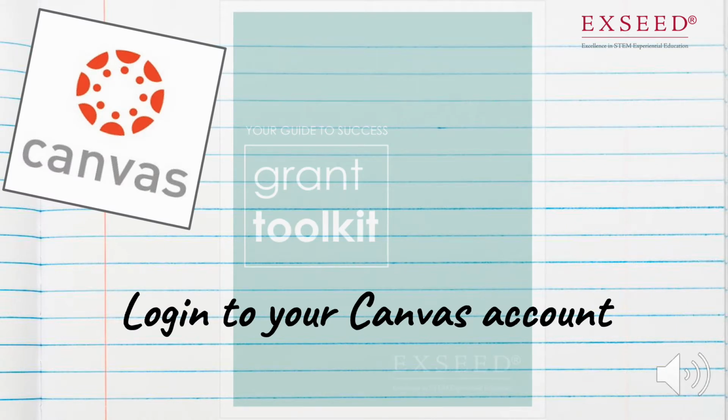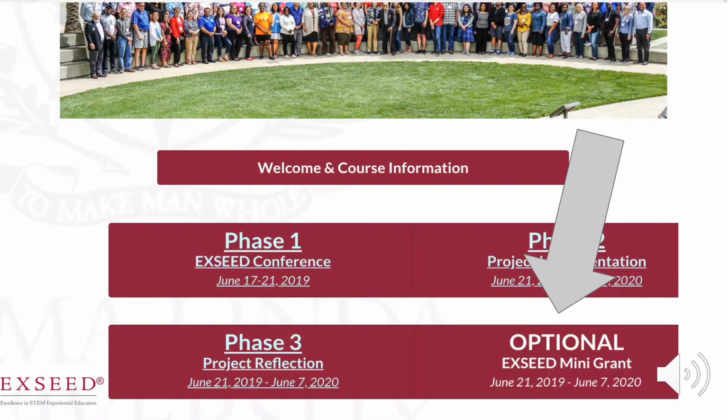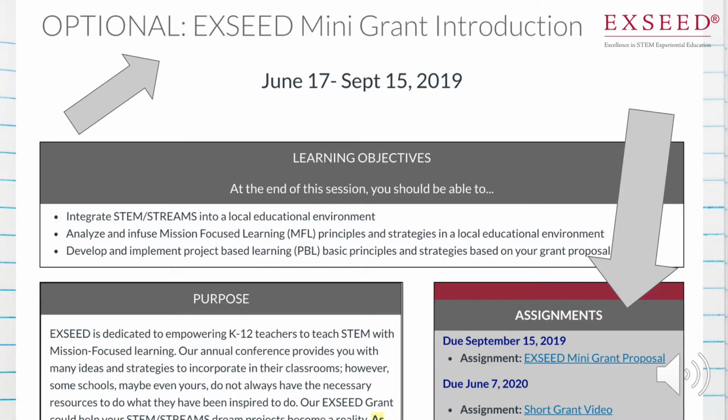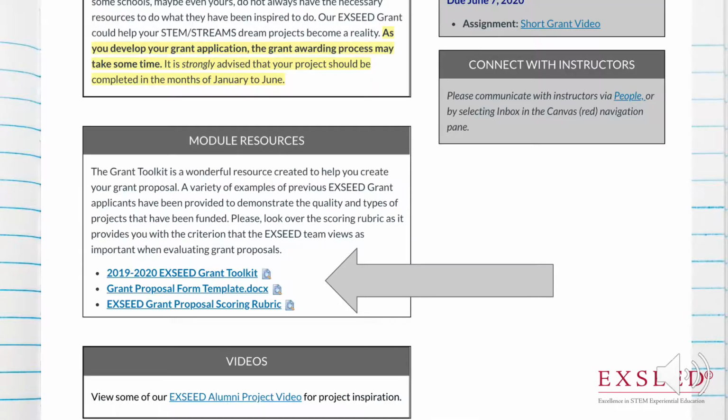Make sure that you go to where it says EXSEED Mini Grant, and then you can also go to the assignments, and that's where you'll find in-depth information about it, the learning objectives, purpose, and of course the template. Your grant proposal can be the actual EXSEED project that you're working on, or it can be something separate, completely different from it.